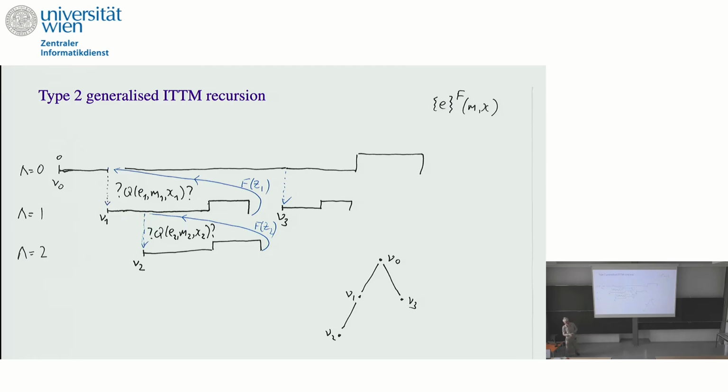So if that converges, exactly, yeah. So it's asking this question: does E1 on M1, X1 converge? And if the answer is yes, and it converges to Z1, then f of Z1 is returned.